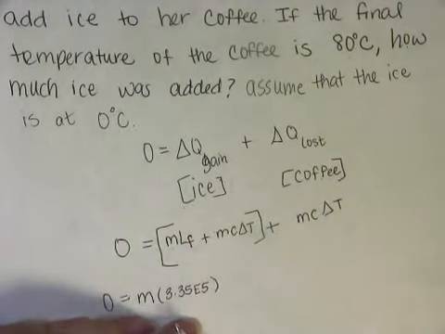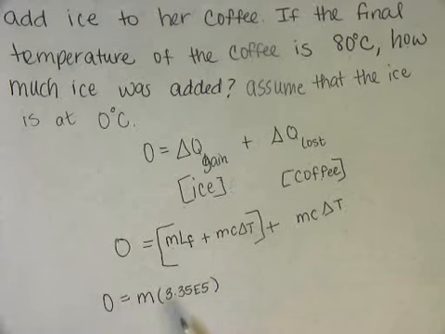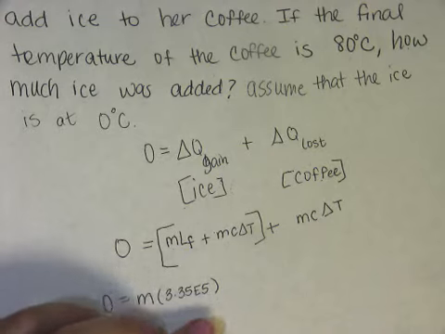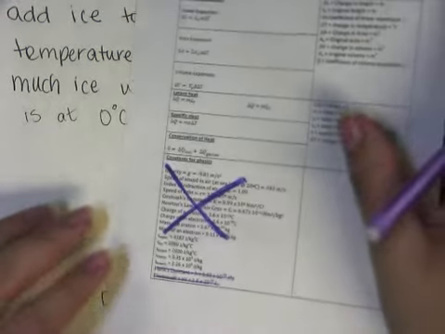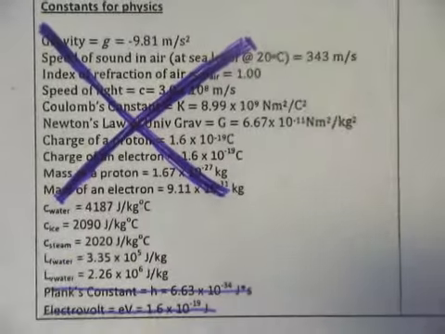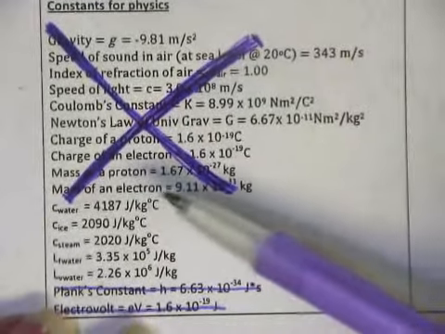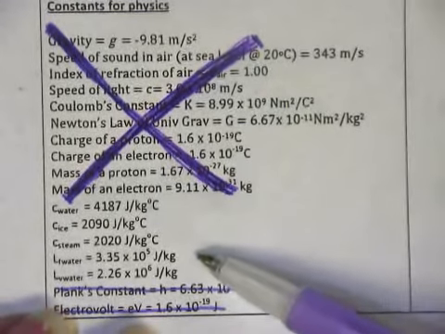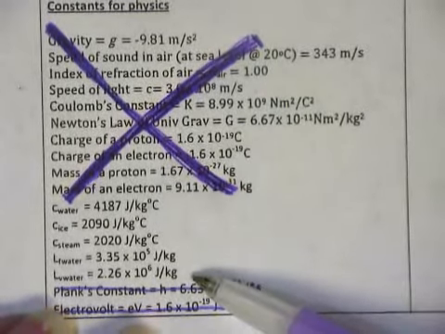If you don't know where I'm getting this number from, it is available on your formula sheet. It is also available on the chart that I gave you with all the specific values. If you look at your formula sheet at the very bottom, you've got some values that we use for thermodynamics: the specific heat of water, ice, and steam, and the latent heat of fusion for water and steam. So this is where I got that number from.